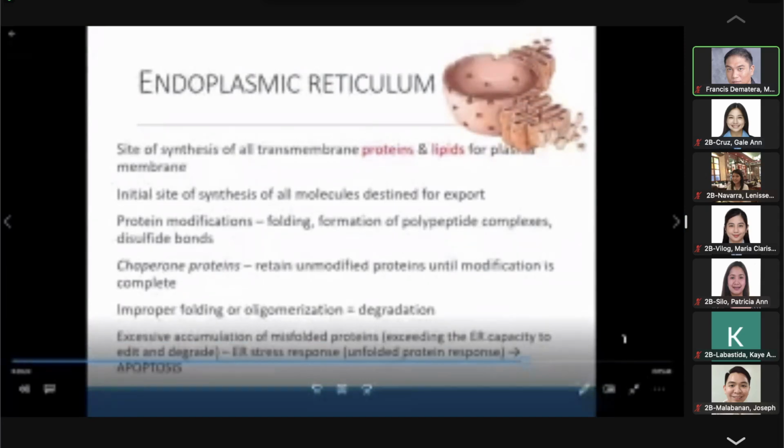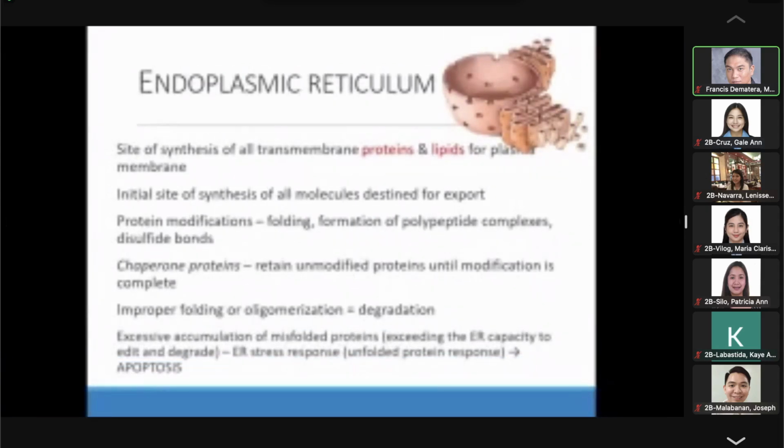And chaperone proteins assist in folding and retain unmodified proteins until modification is complete. So it's completed when there's proper conformation of the protein. Improper folding or oligomerization would lead to degradation within the endoplasmic reticulum.